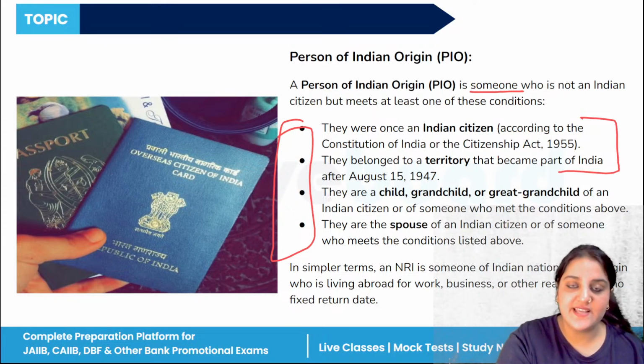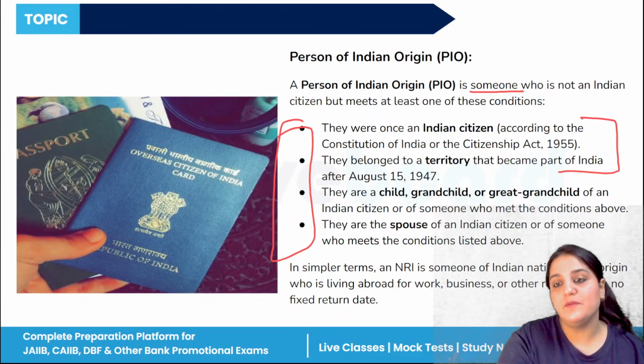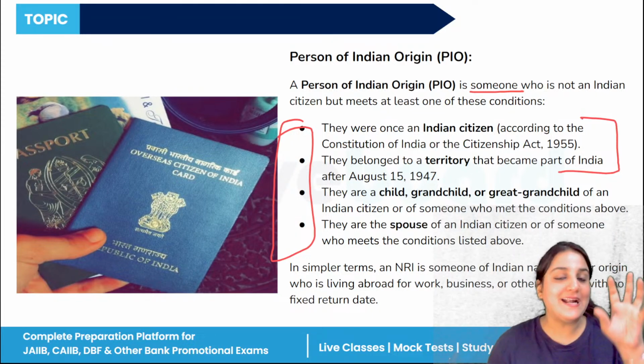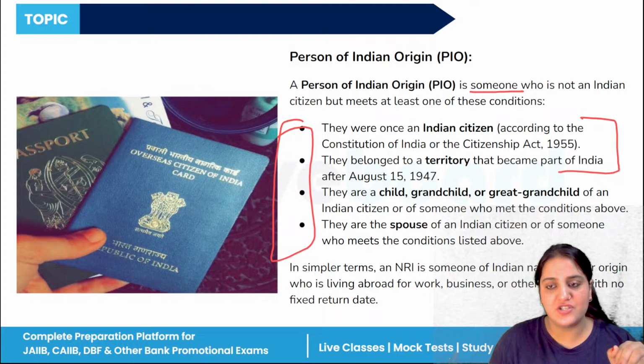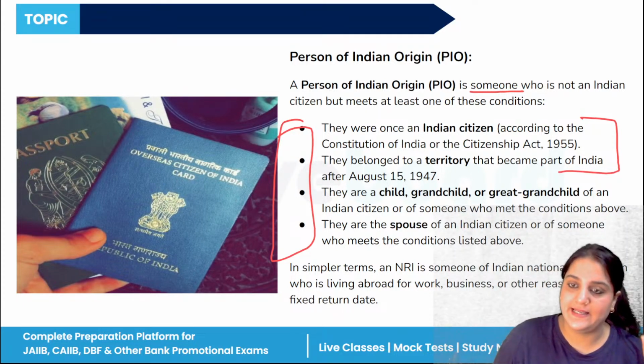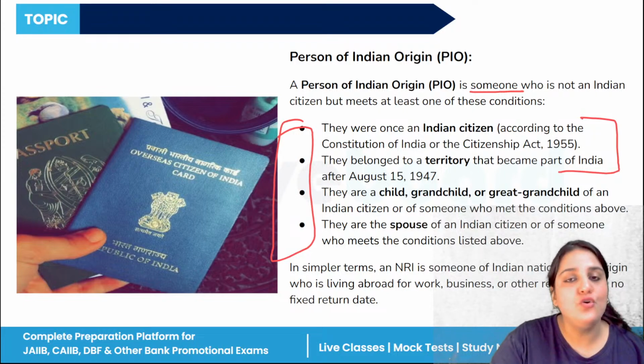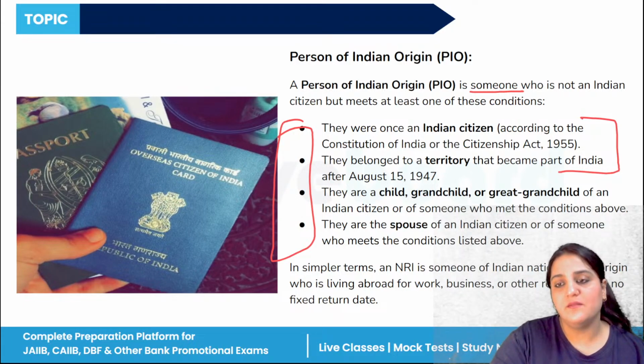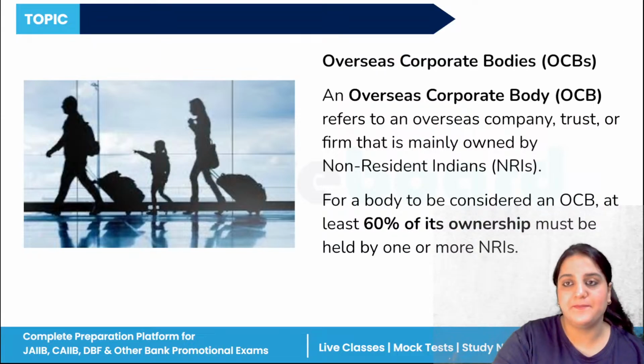So NRI simply is that person who is living outside India, having Indian citizenship, Indian nationality, but living outside India. Okay, and no fixed return is there for that person. So that is NRI.